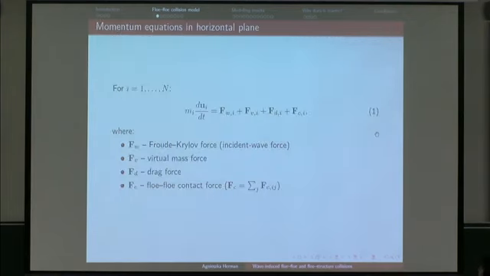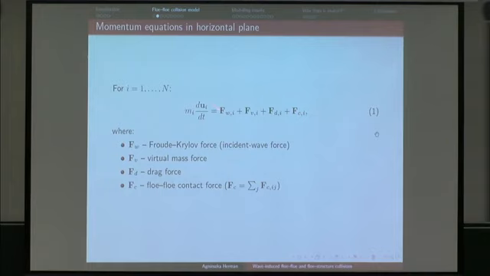So what we are solving, as in every DEM, we have heard a lot about how DEMs work today earlier, so I won't repeat that. We solve n momentum equations for n ice floes, and in the computations that I'm going to talk about today, we have 4 forces acting on the ice.